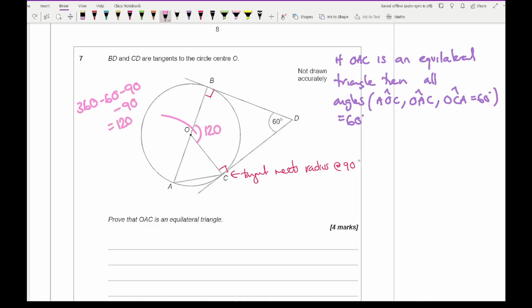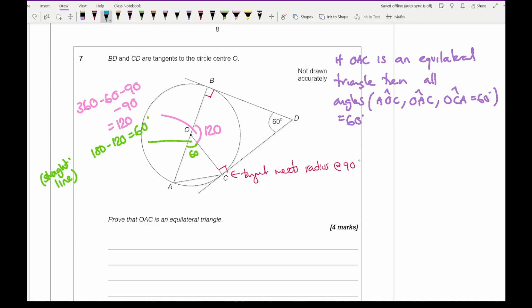So this angle here is 120. I can then work out what this angle here is by doing 180 minus 120, which equals 60 degrees. And the reason for that is because it's on a straight line. So let's put 60 here.